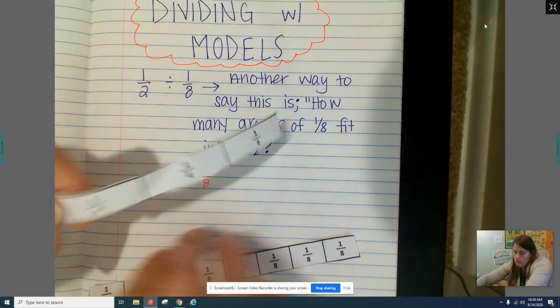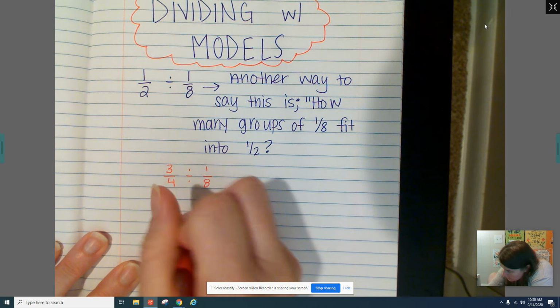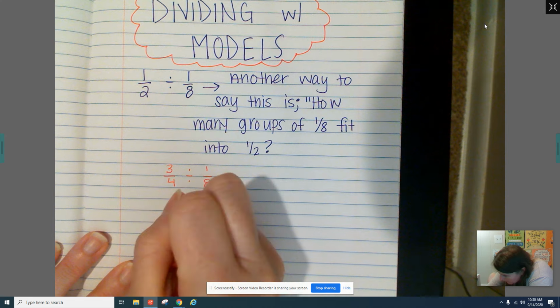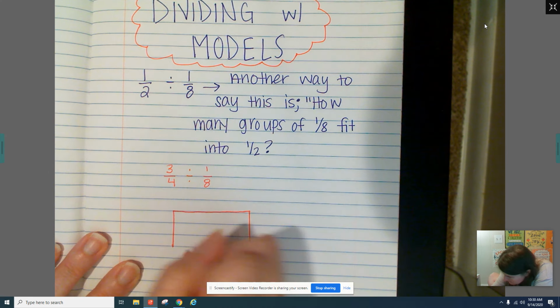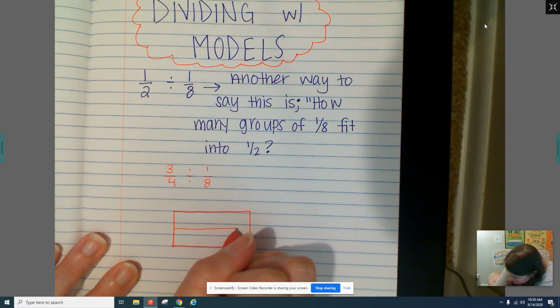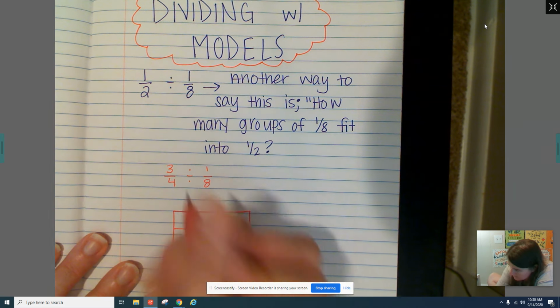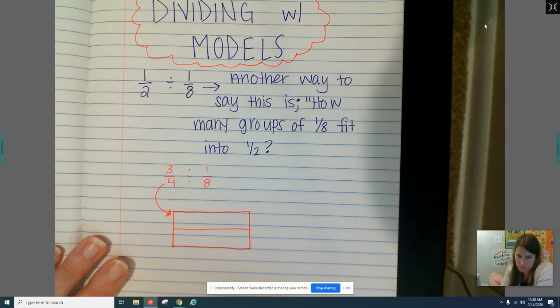And the way I would, if we were in class, another way I would show you how to do it is, I always tell kids, draw a box like this. I'm going to cut it in half. My top box is going to represent the dividend, the first number.